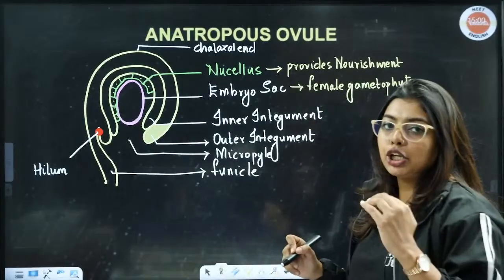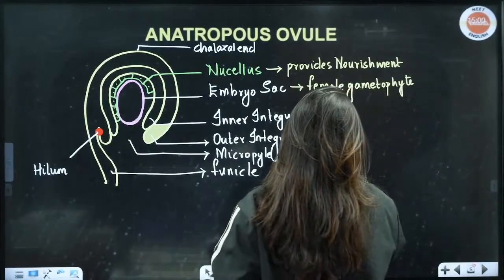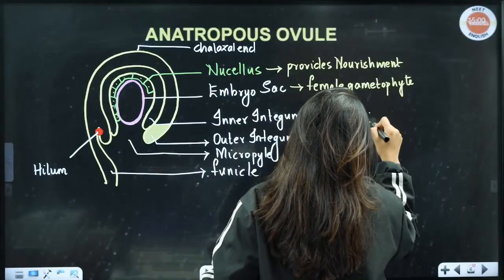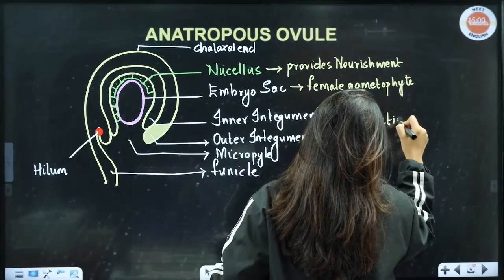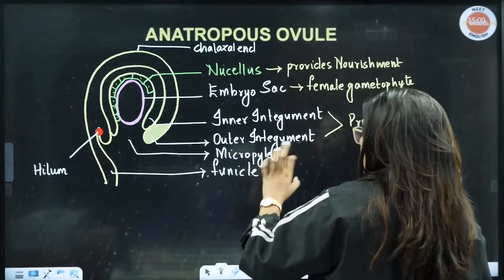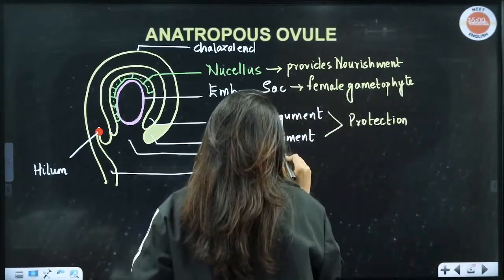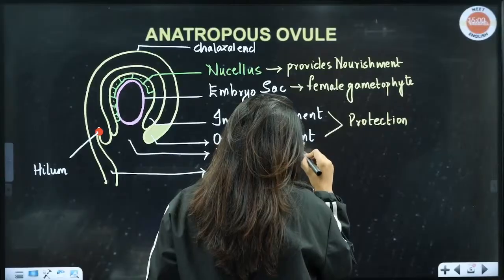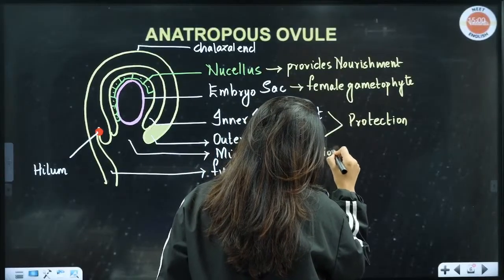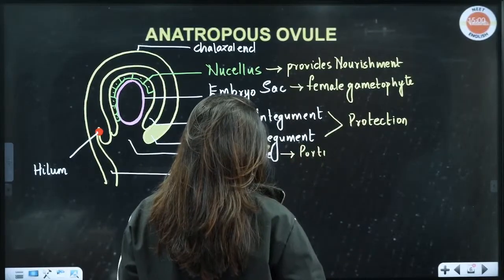Now, the inner and outer integument, students, these two are going to help for only one job, that is protection. Okay, they help for protection. Now, micropyle end is the portion where the integuments are absent. Okay, portion, or we can say region. I think region would be a good word.